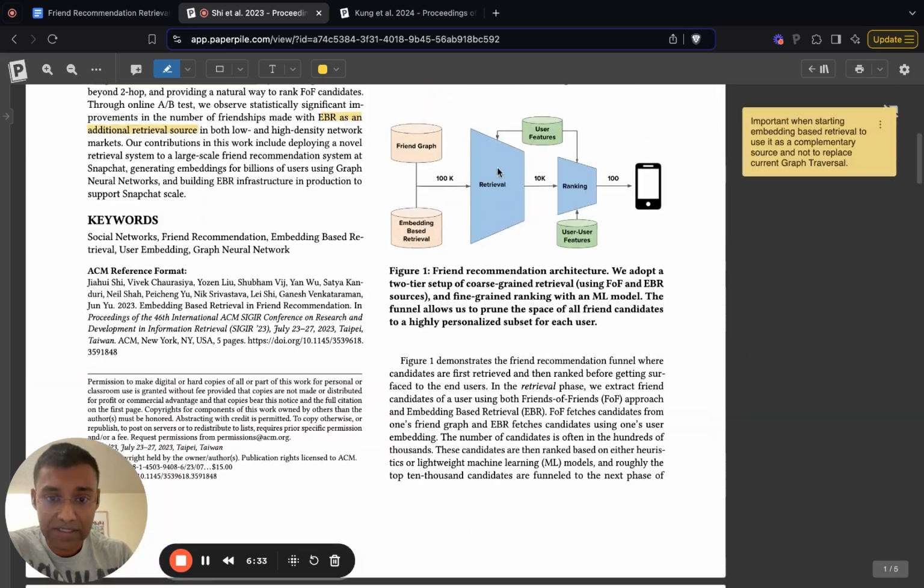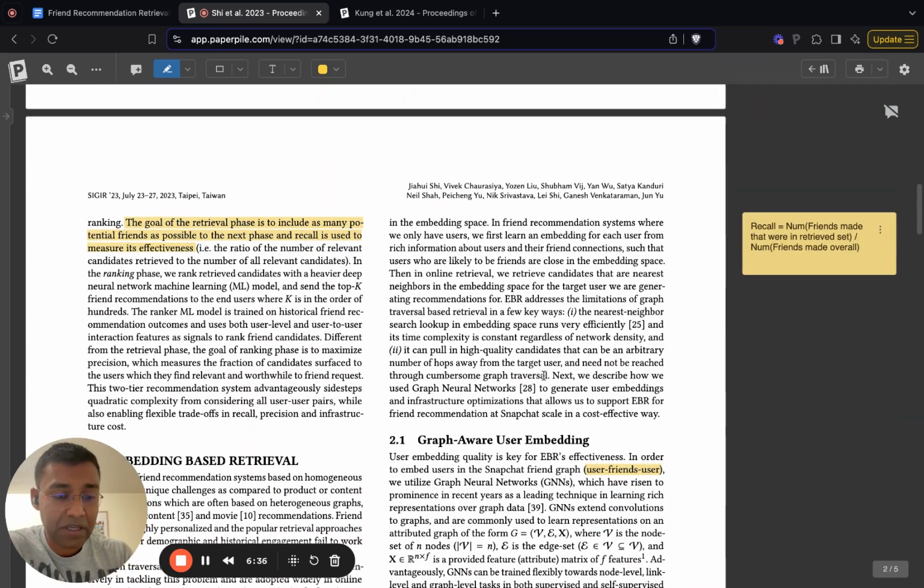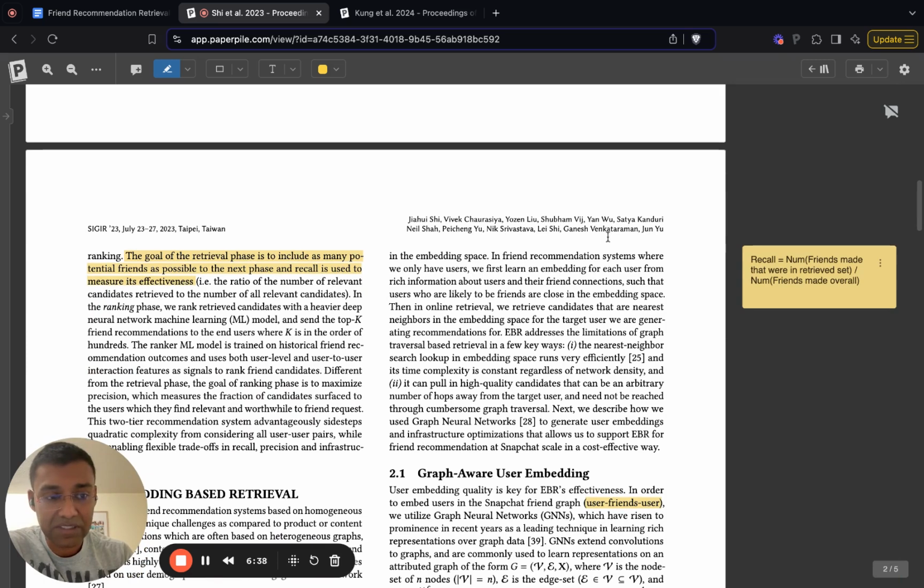So in this set that is retrieved, 10,000 here, you see how many of these 10,000 were actually friends made by the user, either through your recommender system or separately by them searching or chancing upon some page or organically friending. So it could be any way. So the number of friends made that were in the retrieved set divided by all the friends made.